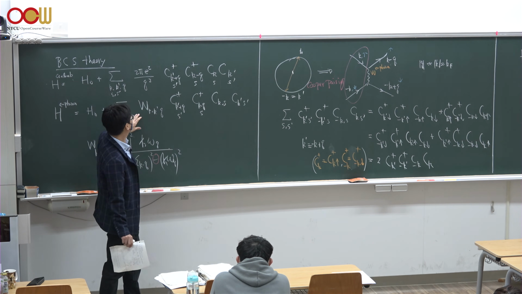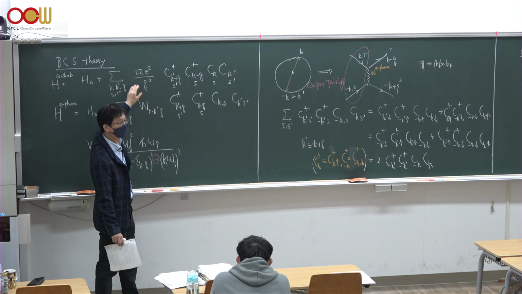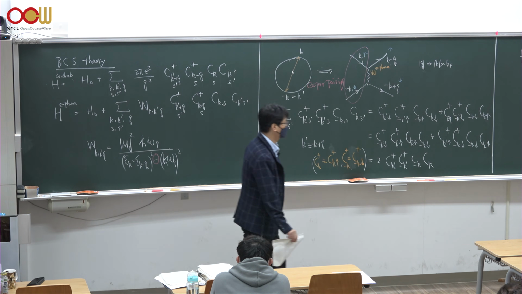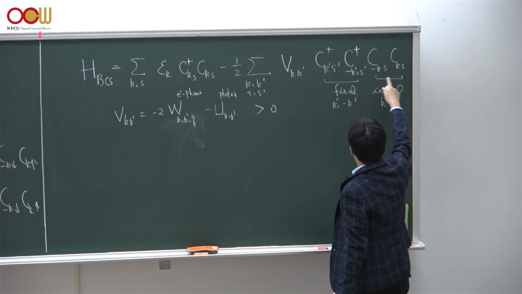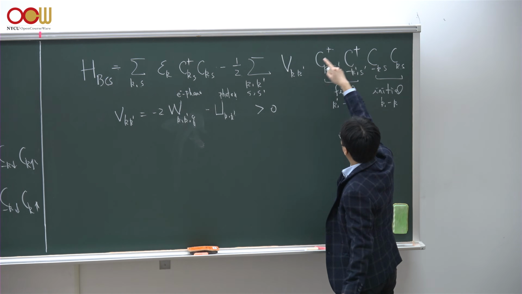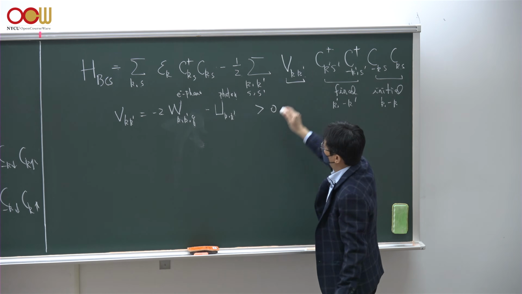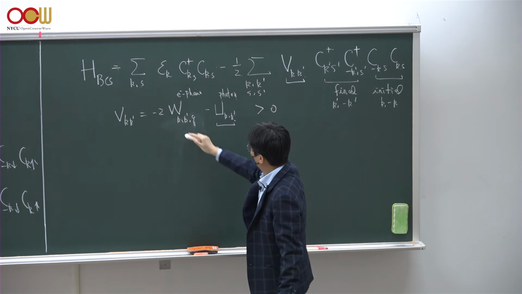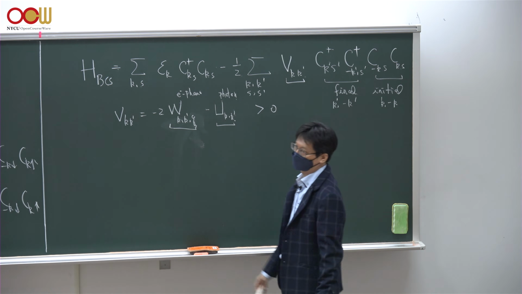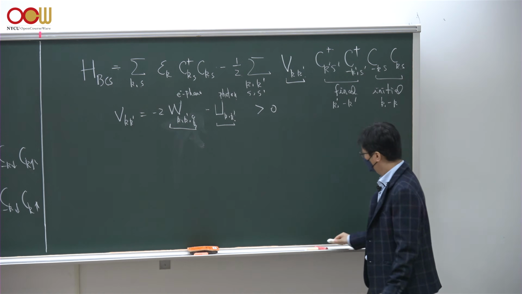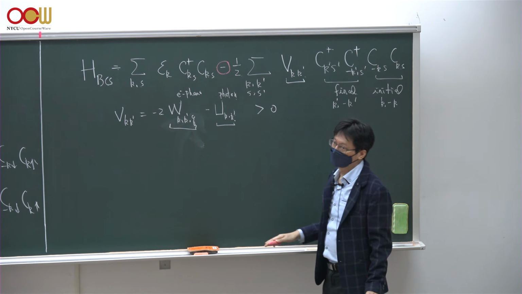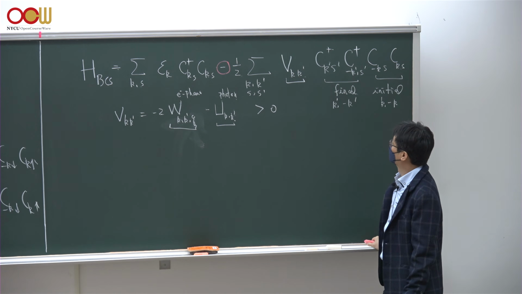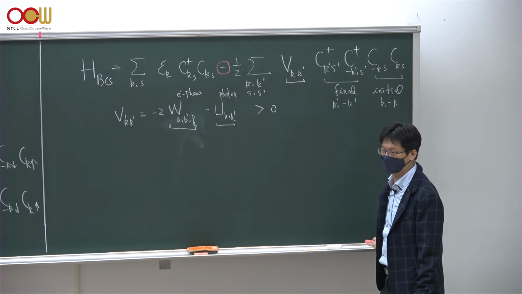Then we sum over these 2 contributions as a potential term. I could simply use the same mathematical form to combine the Coulomb term and the electron-phonon-mediated attraction. And remember, this minus sign here indicates that the interaction is negative, or attractive.